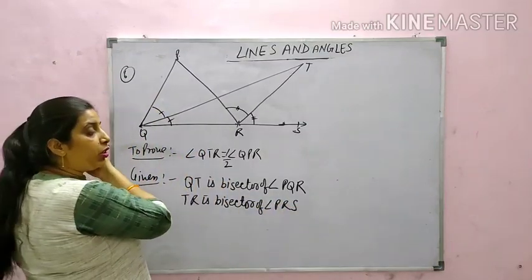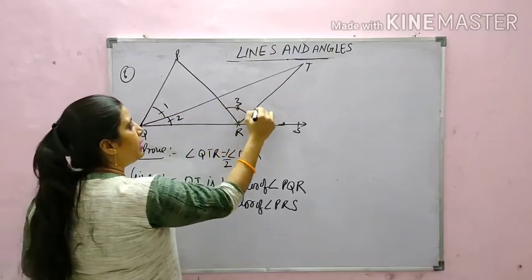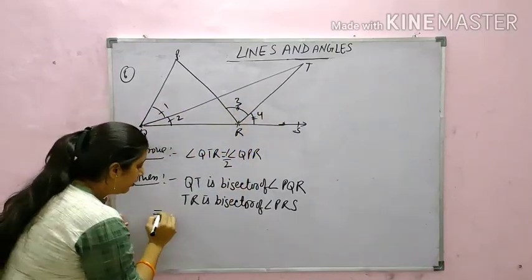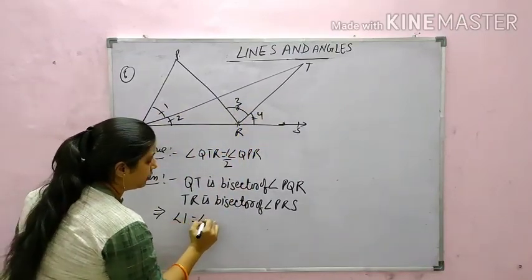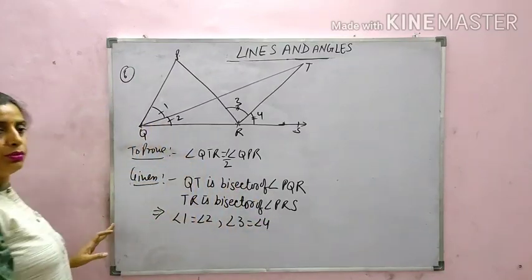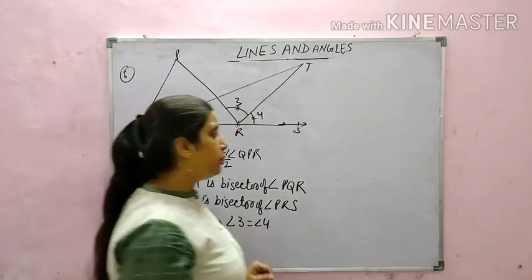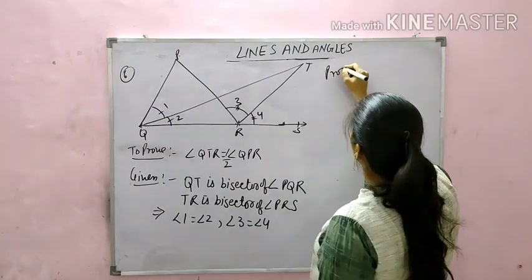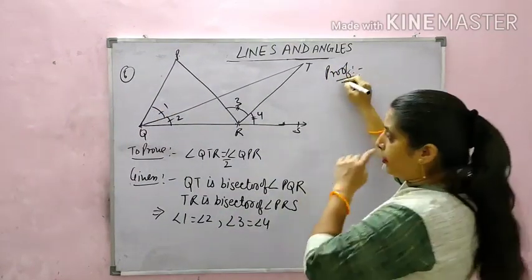Now I am naming all the angles 1, 2, 3, 4. Clear? Which implies that angle 1 equal to angle 2 and angle 3 equal to angle 4. Clear? Now see, in the proof, how should we proceed?